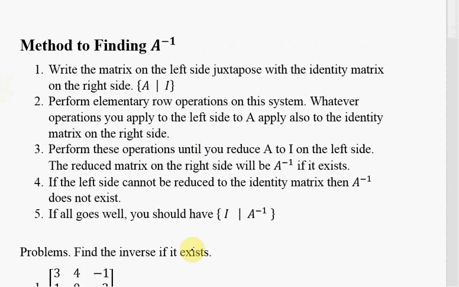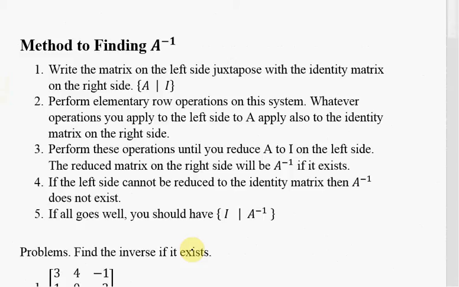Here's the method to find an A inverse. We're going to write the matrix that we're starting off with, the matrix A, on the left side, in juxtaposition with the identity matrix on the right side. Perform a series of elementary operations to the system. Whatever you do to A, we do that same thing to the identity matrix. The goal is to reduce the matrix A to the identity with elementary row operations. Whatever you do to one side, do the same thing to the other side.